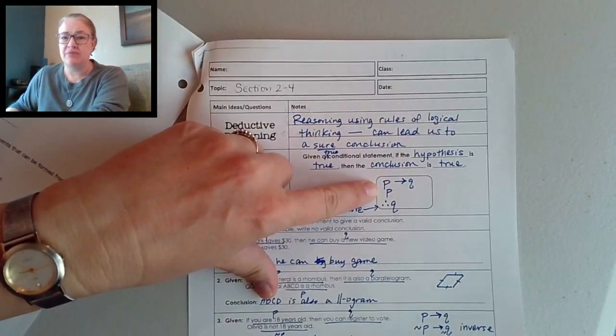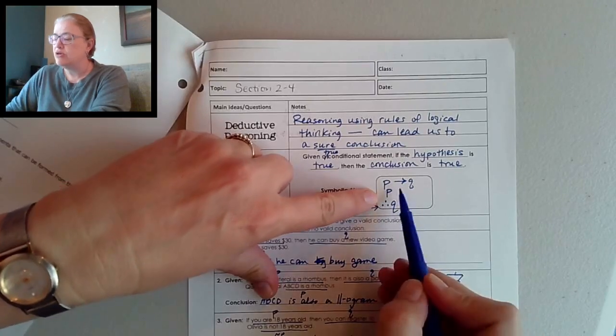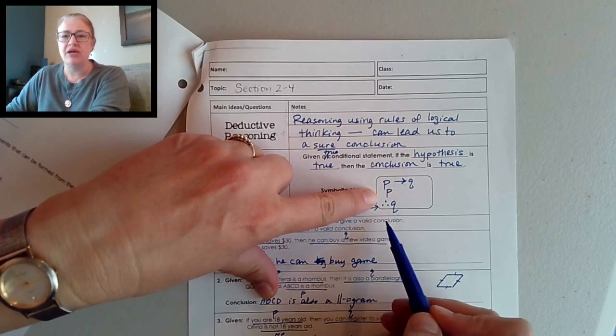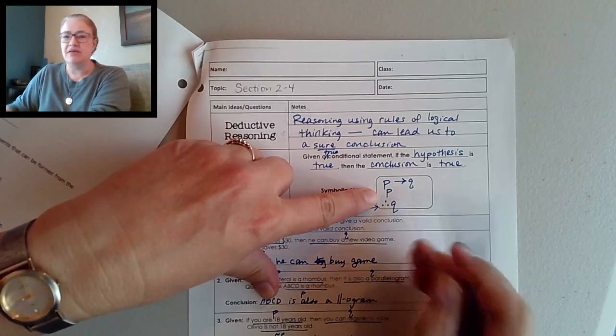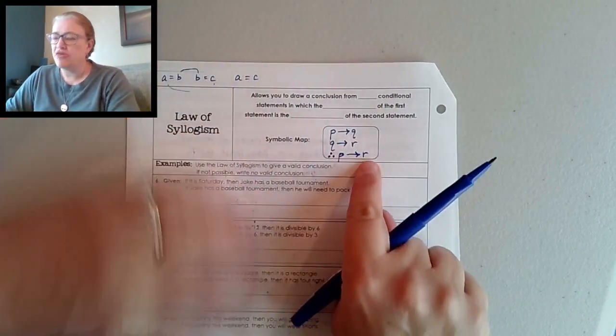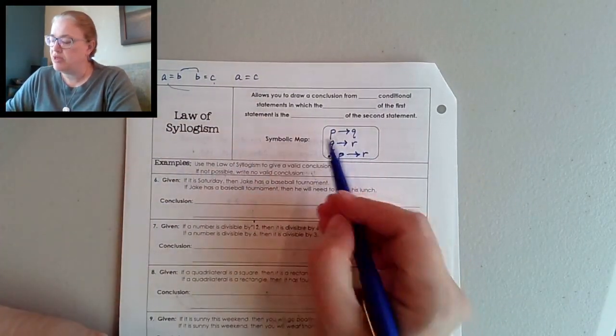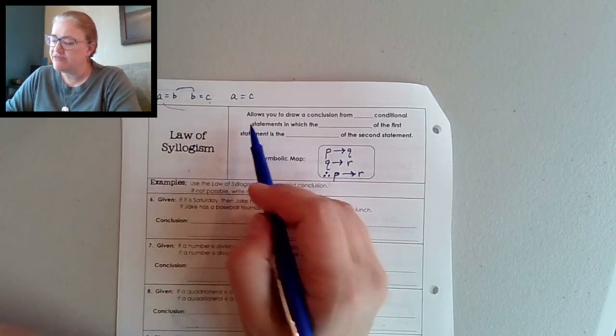Notice it's a bunch of if-then statements, which is different from the law of detachment. It's only one if-then statement, and then two separate things. Notice we've only got two letters to work with here. We've only got two things, a hypothesis and a conclusion. And we're just saying the same things over and over, just those two things. In the law of syllogism, we get a third kind of thing introduced. So we have P, Q, and R involved. Let's fill in the blanks here.